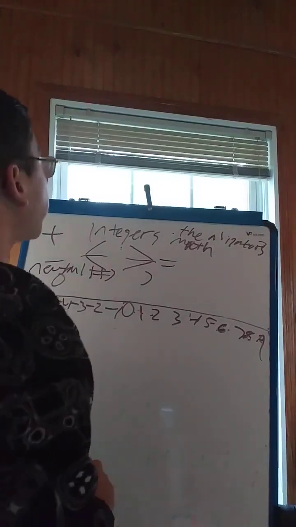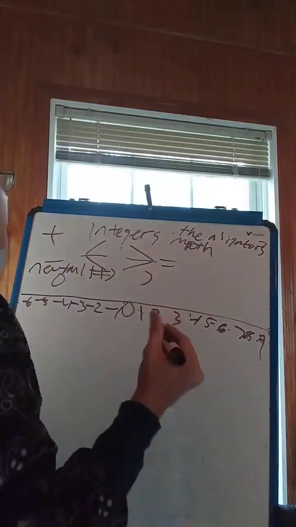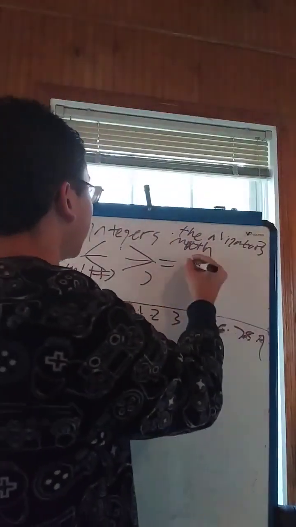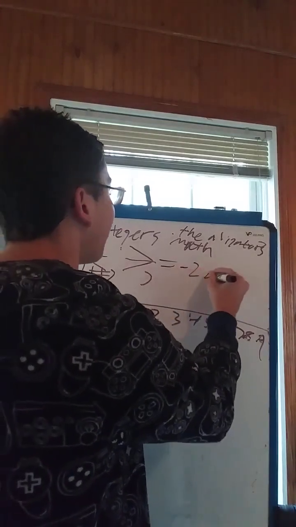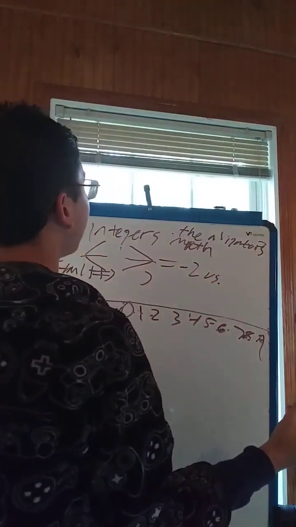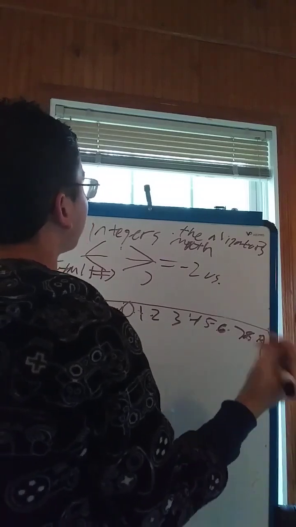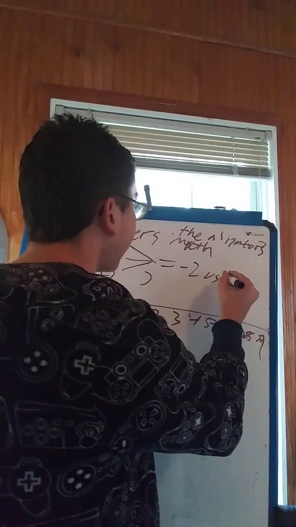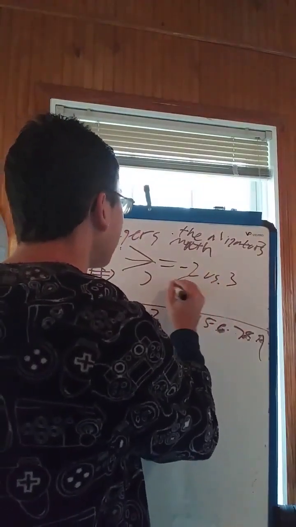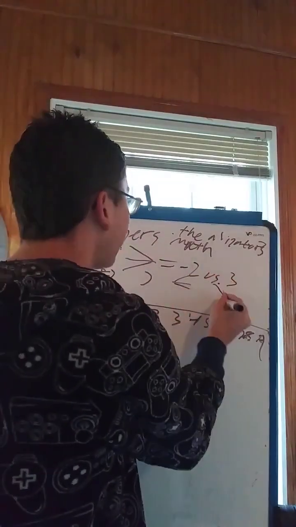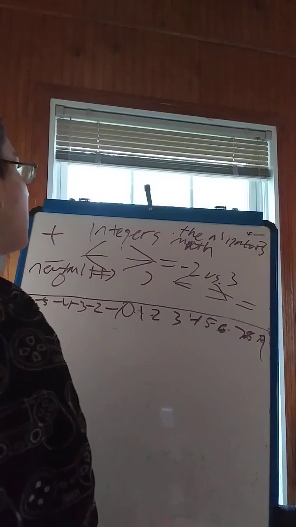So let's do a little versus here with numbers. Let's say negative 2 versus positive 3. So are they less than, going further that way, greater than, going further this way, or are they equal to?